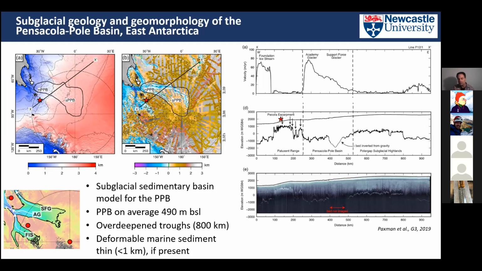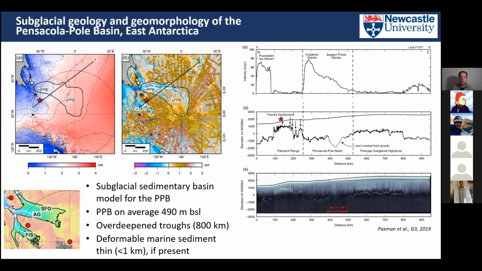But it's unlikely, looking at some of the geomorphology. It's quite a rough surface, so that's questionable. My inkling is that the Pensacola Pole Basin is perhaps not as significant an East Antarctic marine basin as we might have once thought. But maybe that's open for debate.